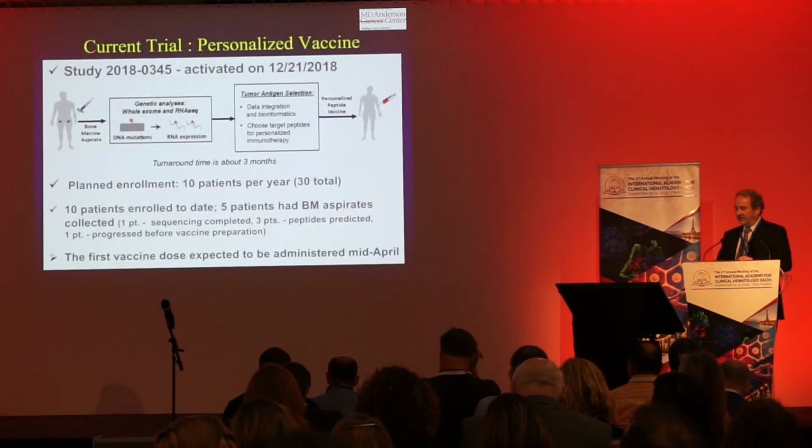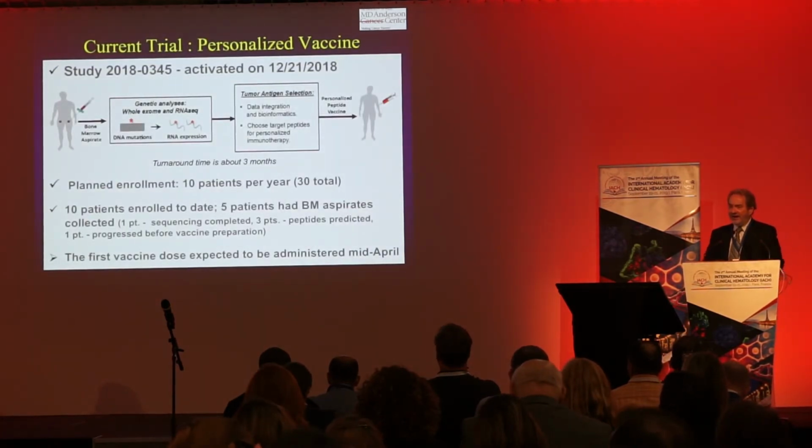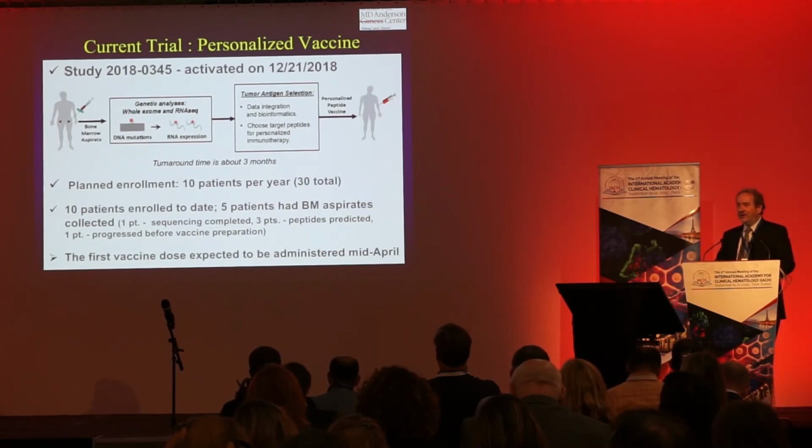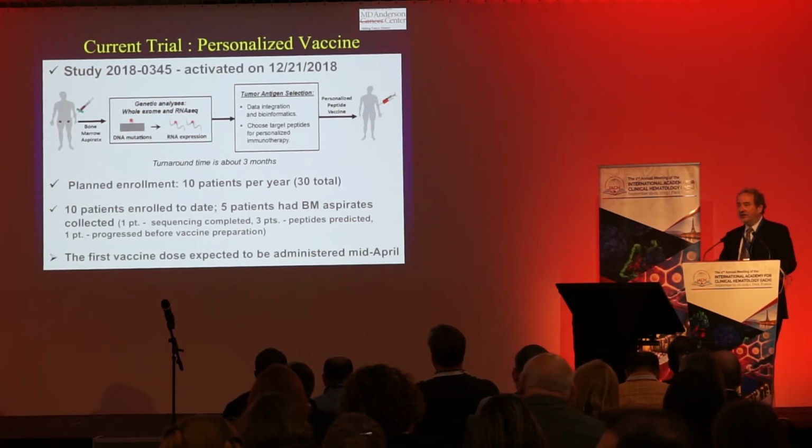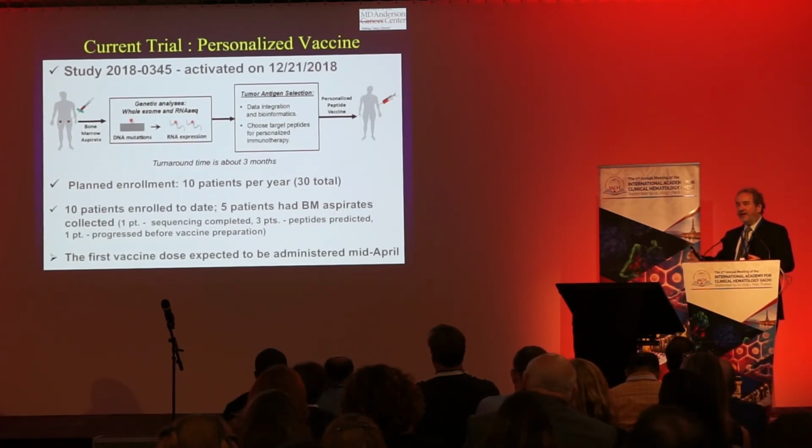We also currently are looking at a personalized neoantigen vaccine approach, and although right now we're doing this in smoldering myeloma, it may also be something to consider in the future for patients with MGUS, considering the low risk and toxicity of this approach. But in our observational study, we found that it was fairly easy to detect and predict neoantigens.